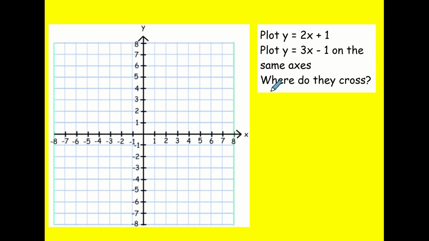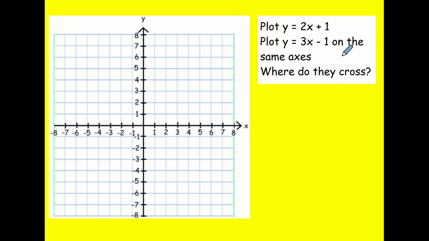So can you use that, that's a big hint that I've just given you, to plot these 2 graphs? You will have had to get some graph paper and draw the axes to be able to do this. But if we just go through it, we've got to remember that the thing in front of the x is my gradient, and then the thing by itself is my c.